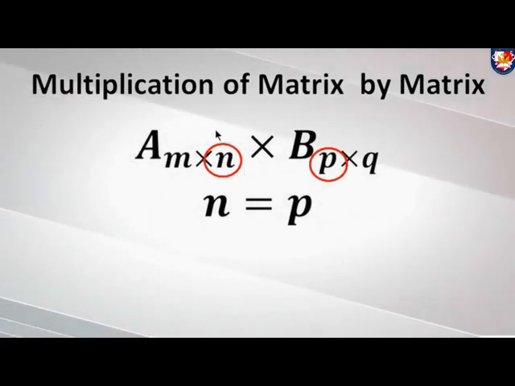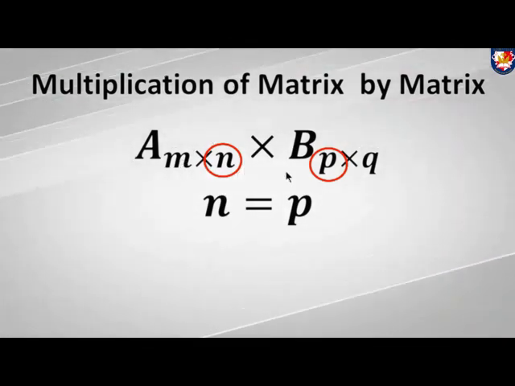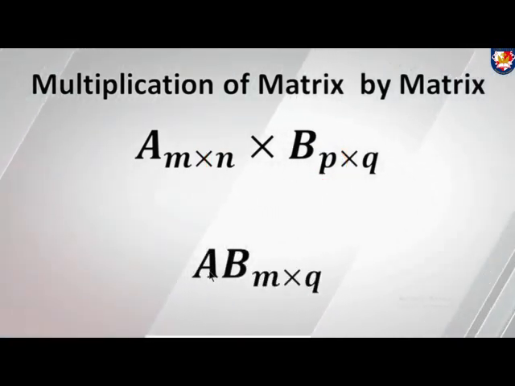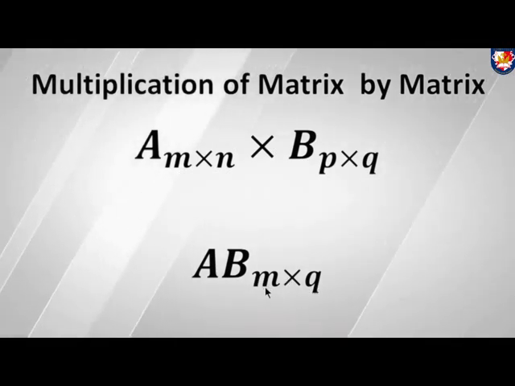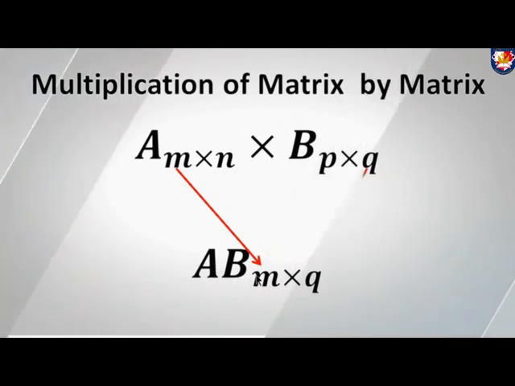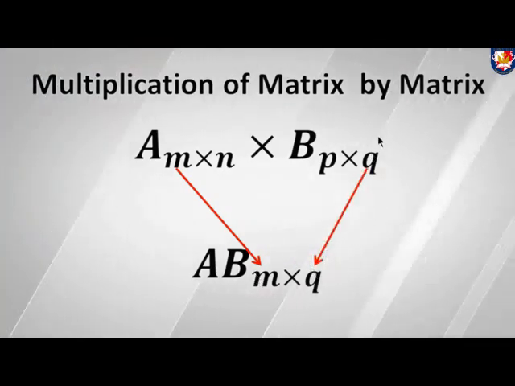If the number of columns from the first matrix equals the number of rows of the second matrix, those two matrices are able to multiply. And then the order of matrix AB is m by q. m comes from the number of rows of the first matrix, and q comes from the number of columns of the second matrix.